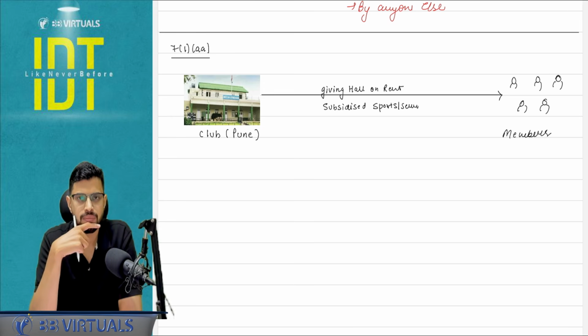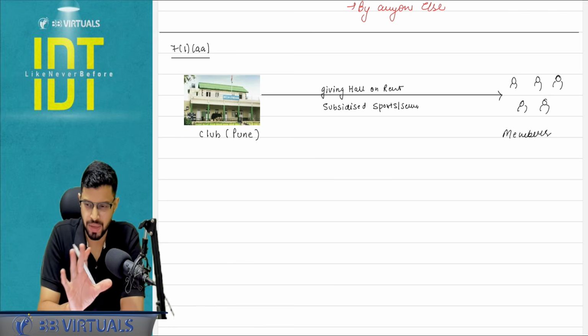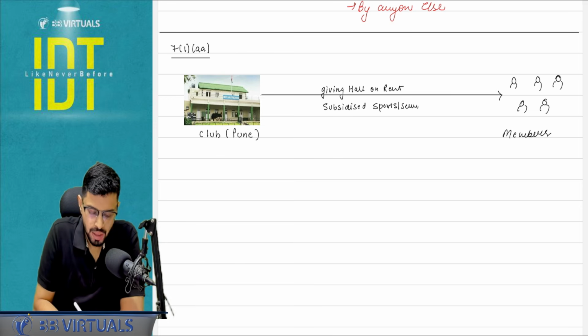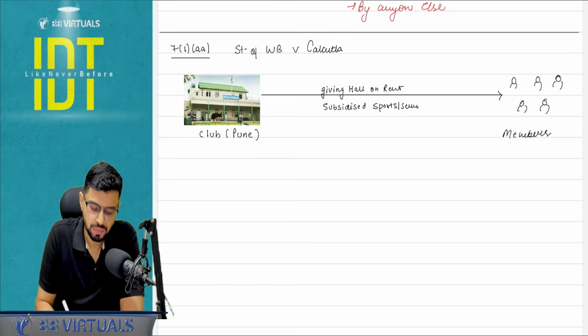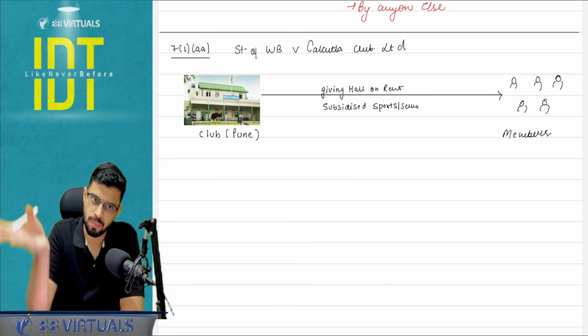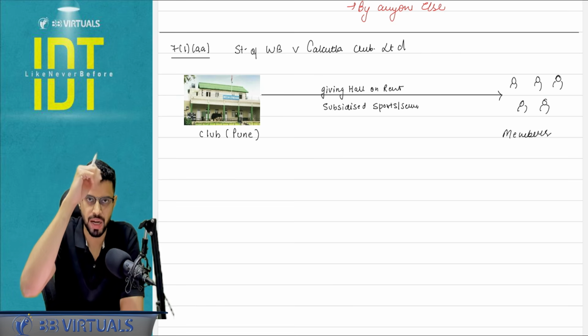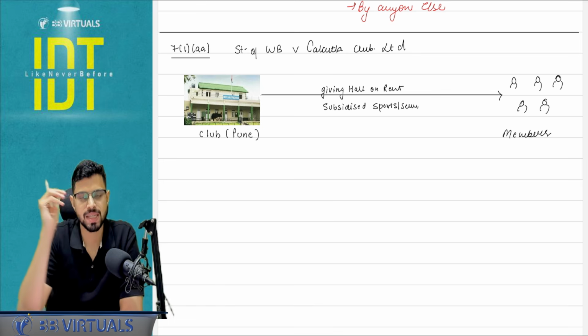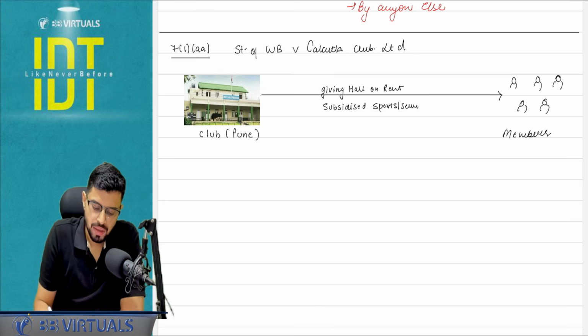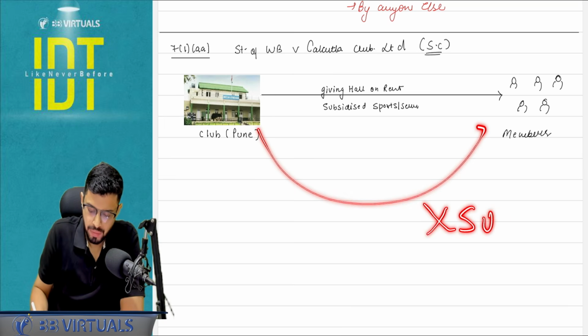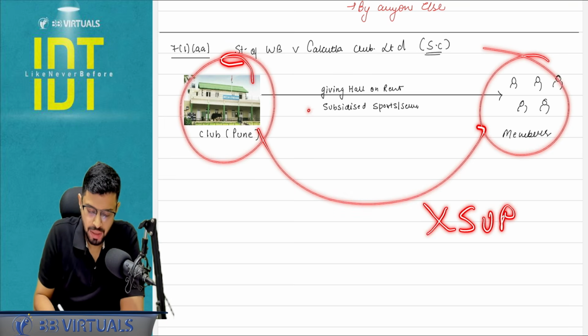In this kind of transaction, there was a case law. You just need to have a basic background; you don't need to learn the case law. State of West Bengal versus Calcutta Club Limited. The origin of the case law is the prior indirect tax, service tax related, but it applied to GST as well, in which the Supreme Court stated that this cannot be a supply because members and club are one person itself.